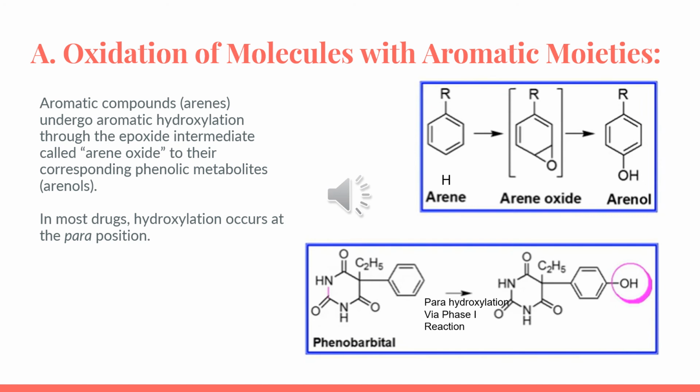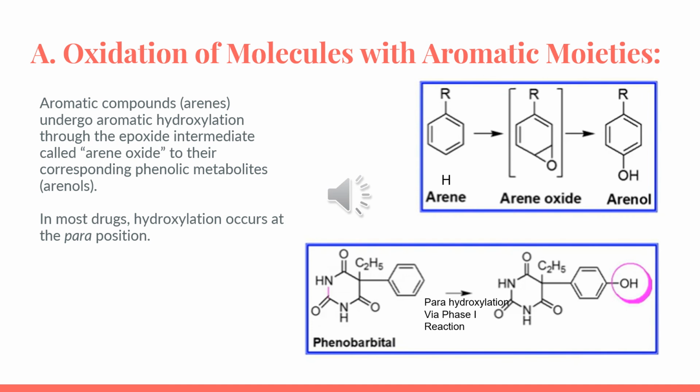In the figure above, we can see that the arene having an R group with an H will be oxidized into an intermediate epoxide and then into an arenol, mainly in the para position depending on the group R. If R was a good donating group, then the added alcohol group would be in the para position.